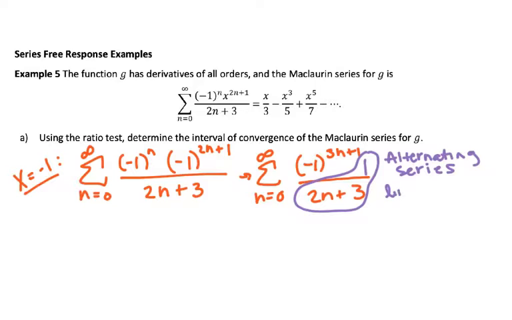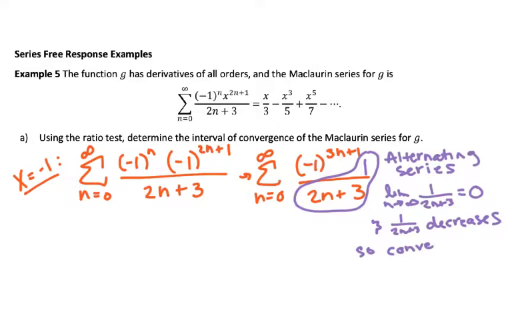So the limit as n goes to infinity of 1 over 2n plus 3 passes our nth term test for convergence, and 1 over 2n plus 3 decreases, so it converges by AST.